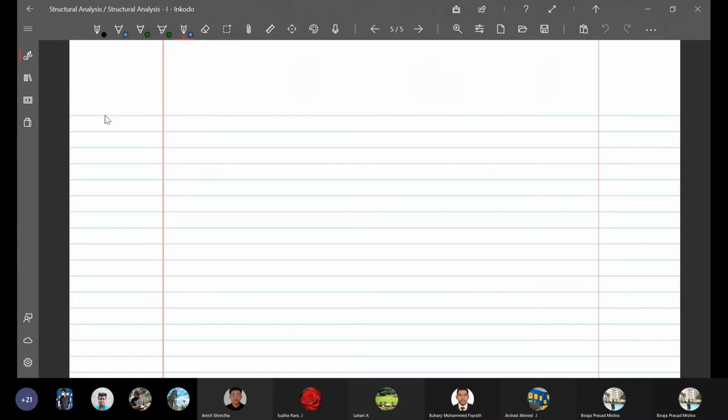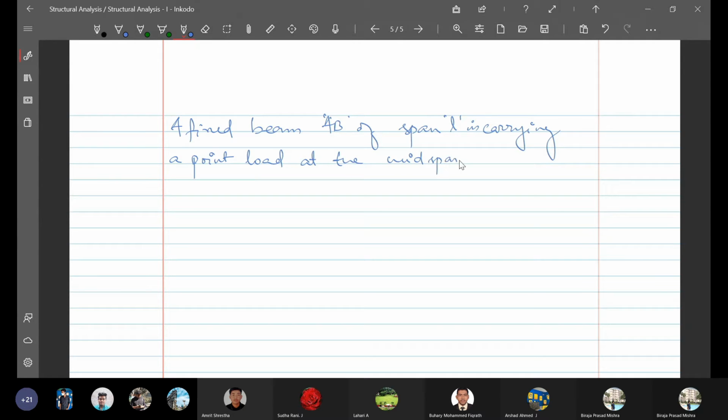So here we can write: a fixed beam AB of span L is carrying a point load at the midspan.